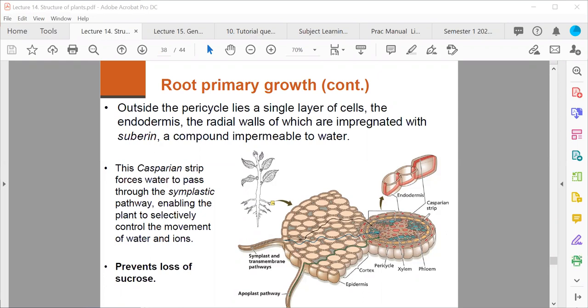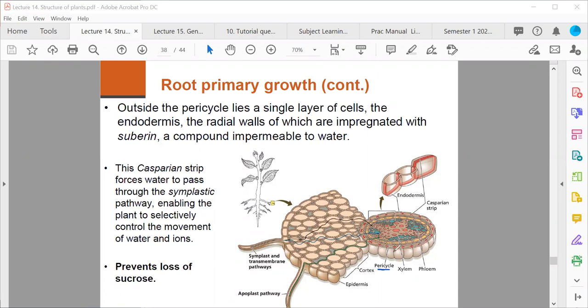To the outside of the vascular tissue, we have these yellow cells, a single layer of yellow cells. These are cells of the pericycle. So remember, they're the ones that we said give rise to lateral roots. And then to the outside of the pericycle, we have another single layer of cells, which you can see are partly coloured in red.